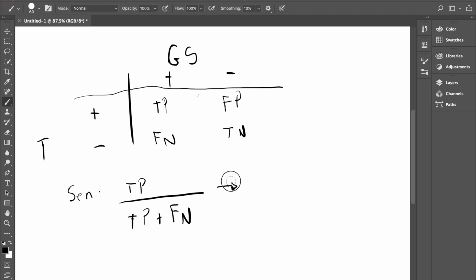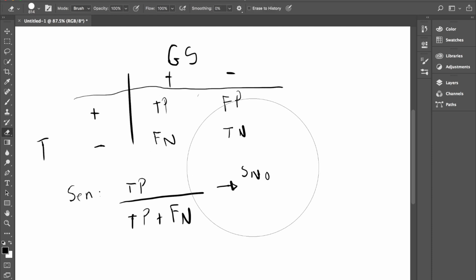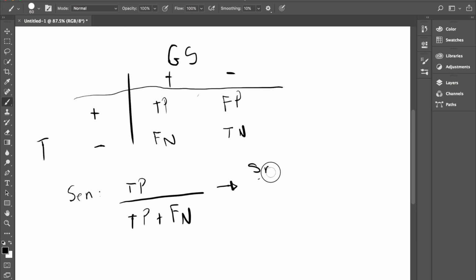Something we want to take a look at now is an acronym. It's called SNOUT. And what SNOUT means is that if a test has high sensitivity, then a negative test can rule the disorder out.